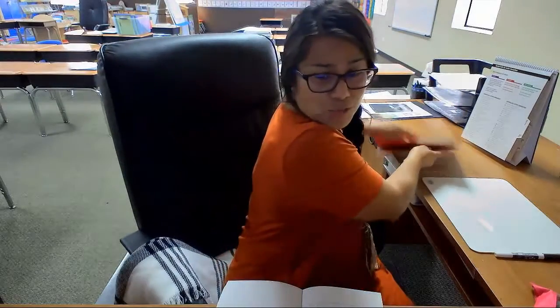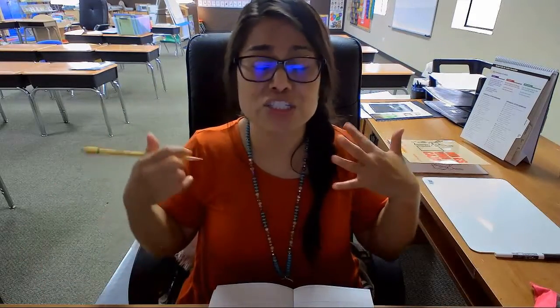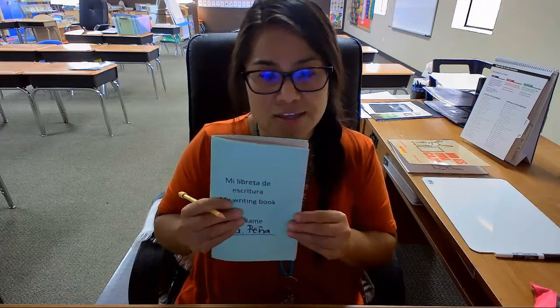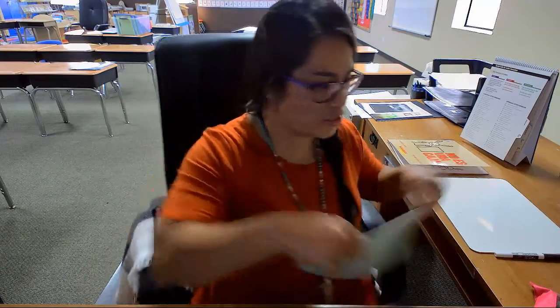So today we're going to do the same thing. We are going to be authors and illustrators, and we're going to draw a story on our books. We're going to tell a story through pictures, through drawing. So I'm going to go ahead and begin showing how that looks.